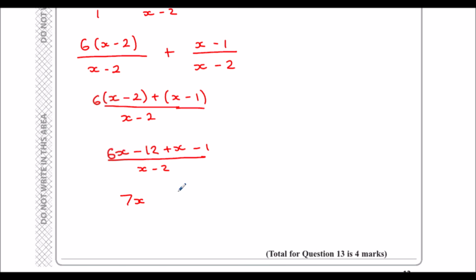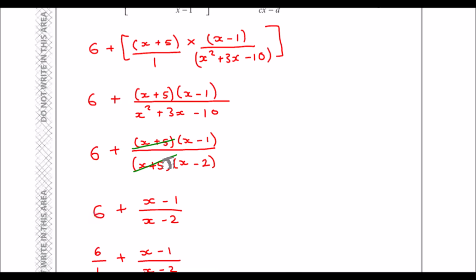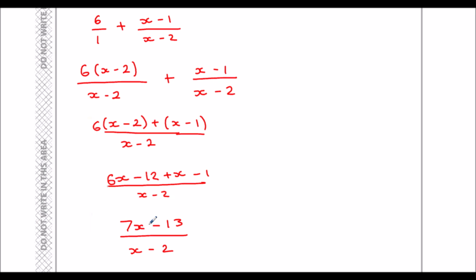Negative 12, take away 1, negative 13 on top. And x minus 2 on the bottom. So we've simplified into the form we wanted. So ax minus b over cx minus d. So a is 7, b is 13, c is 1, and d is 2.